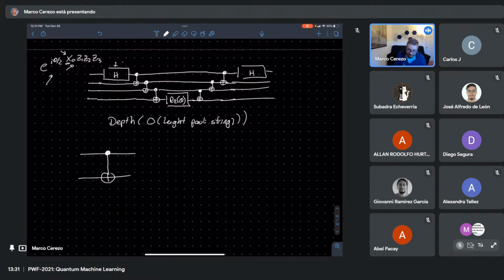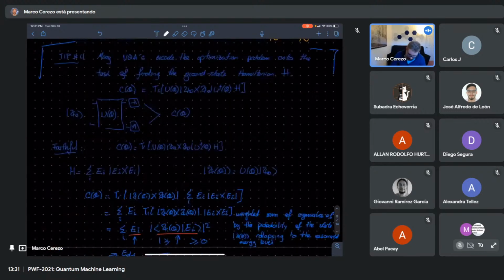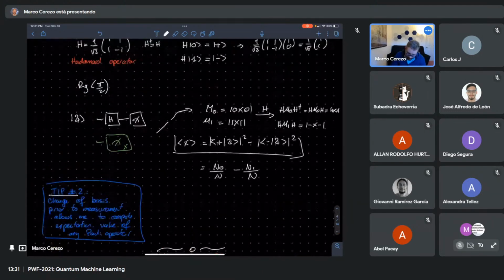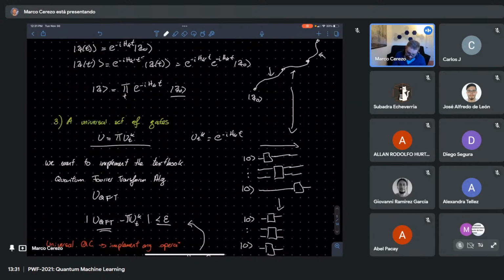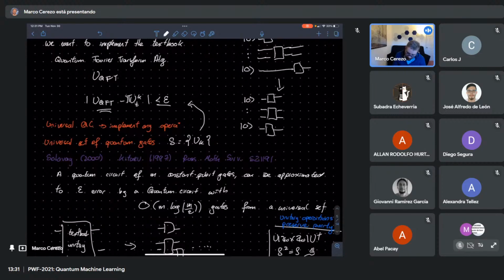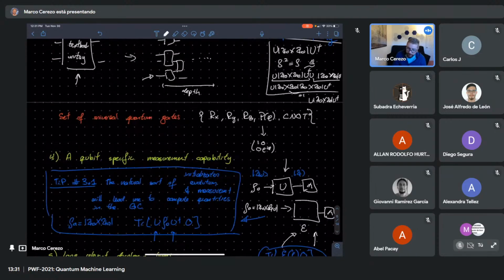I'm getting myself ahead. I told you that we had quantum circuits. Let me just go all the way back here because this is extremely important. Whenever we're talking about quantum circuits and universal gate sets, I told you, a lot of times we have this very important universal gate set where we have rotations around the y-axis, phases, and CNOT.